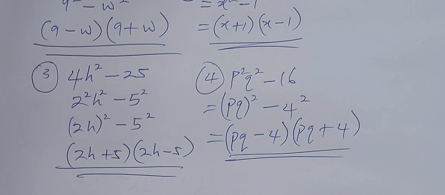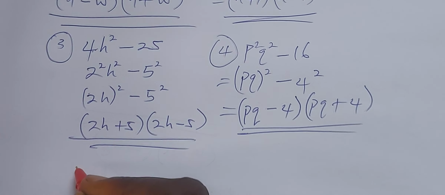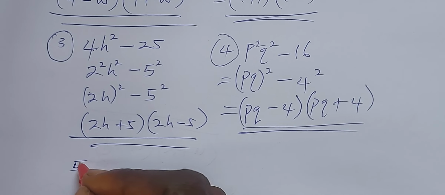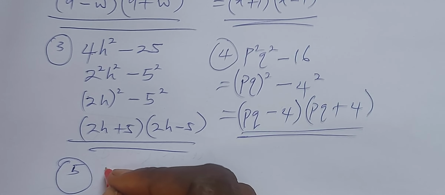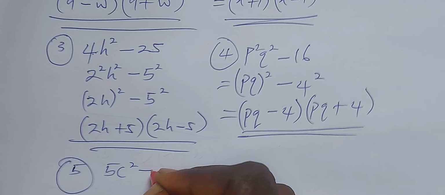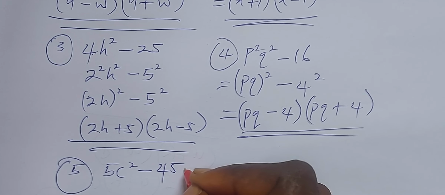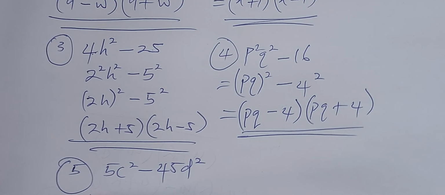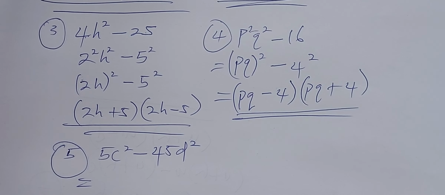Okay? So lastly is number 5. We have 5c squared minus 45d squared. So what do we do? In this one, 5 can go into 5 and 45.